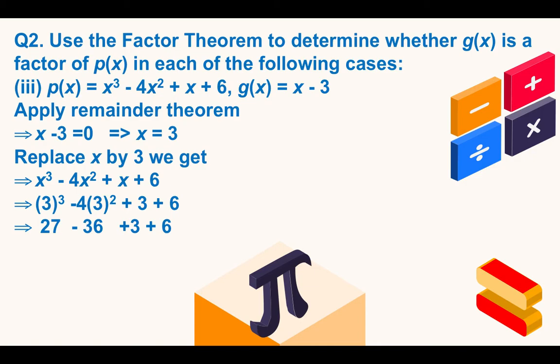So minus 4 into 9 is minus 36 plus 3 and plus 6. So answer I get is 0. So since the remainder is 0, I can say that x minus 3 is a factor of the given polynomial x cube minus 4x square plus x plus 6.